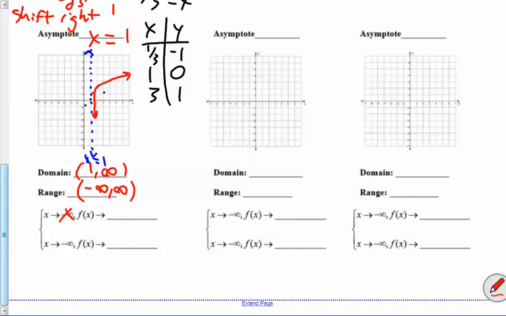Okay? It approaches 1. But f of x will go to negative infinity. This is a typo here. This bottom one should be positive infinity. As x goes to the right, the graph will also go up. Okay, so try the other two, and I'll have your graphs and the blanks filled in when you come back.